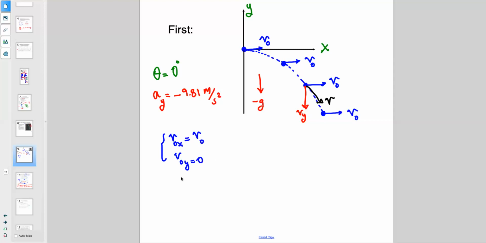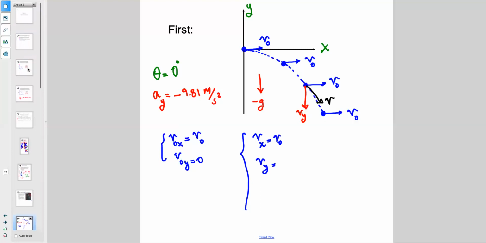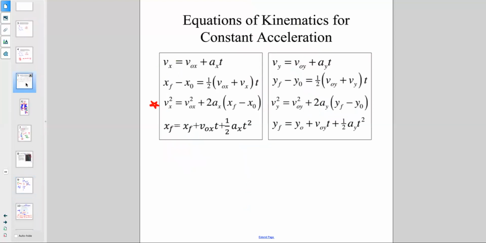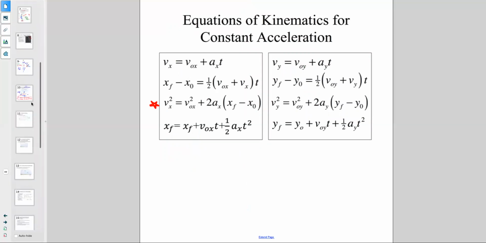Cool. Final velocity. So final velocity, v of x along the x direction, is always constant. We know that. V of y, we have a formula for it, right? Let me scroll back up a little bit. These are formulas for v, right? So keep that in mind.